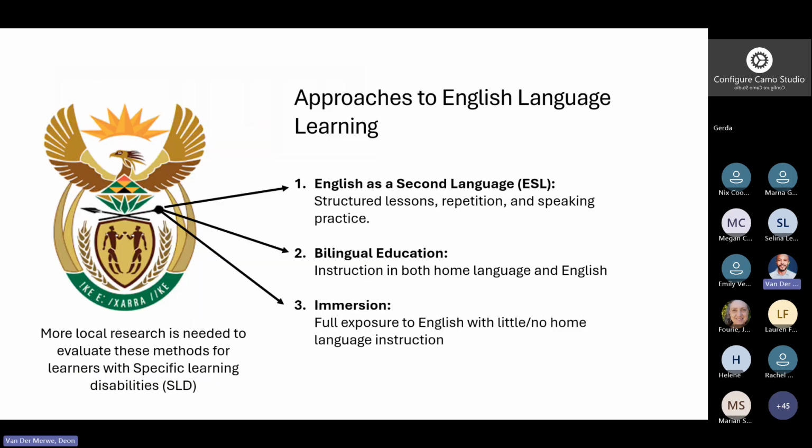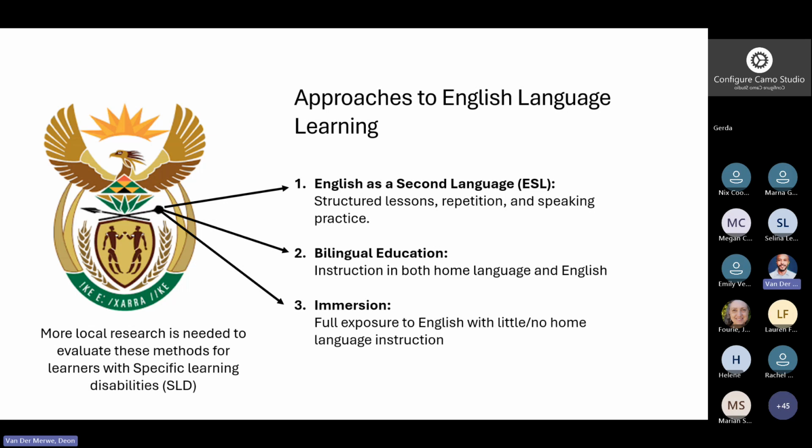And that brings me to the approaches that we are all aware of, which are part of our structures in the South African system. And there are the three main approaches that schools use to support English language learning in all schools. We have the English as a second language structure, and this method basically just focuses on helping learners build English skills through repetition and structured lessons and speaking practices.